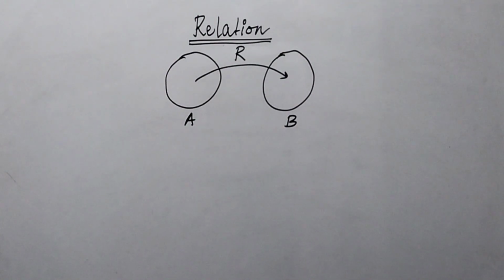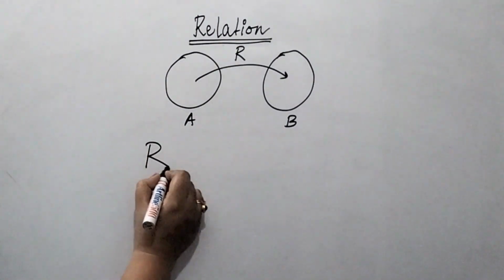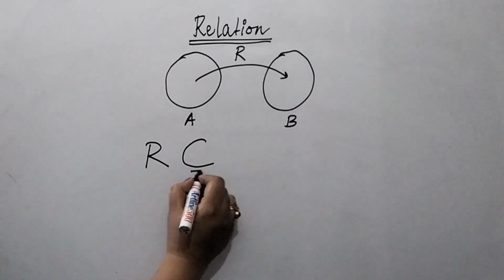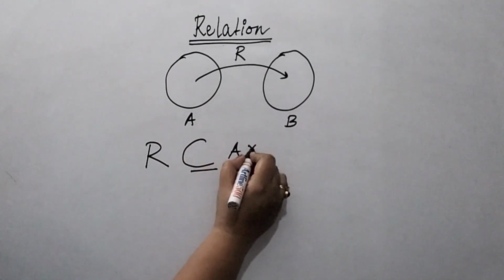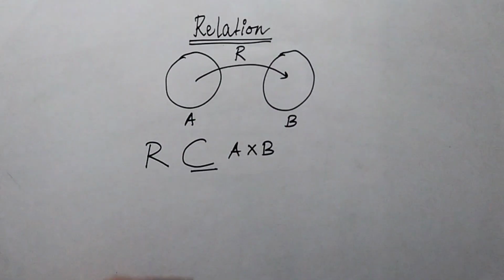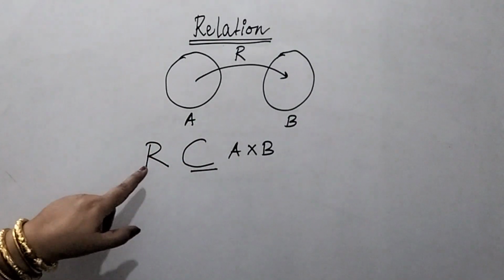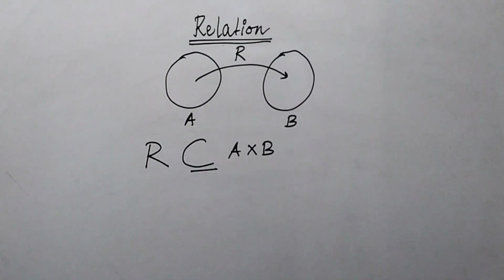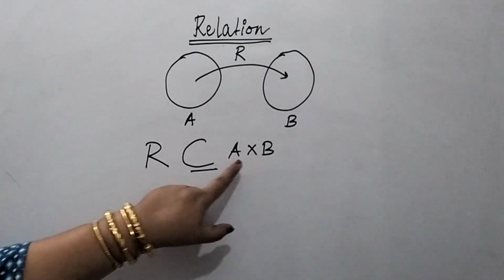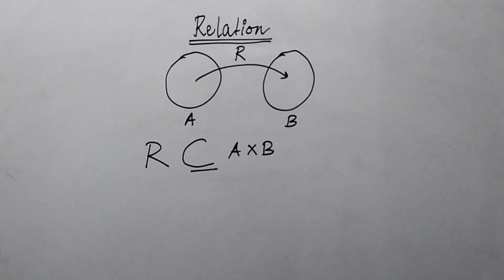So in that way, we will get that R will be a subset of A cross B, because as I have already told you, the elements which will be in R must appear in pairs, in ordered pairs. So that is why R will be a subset of A cross B.